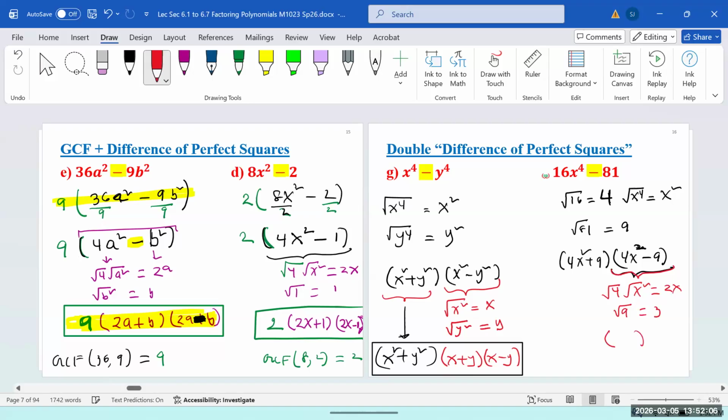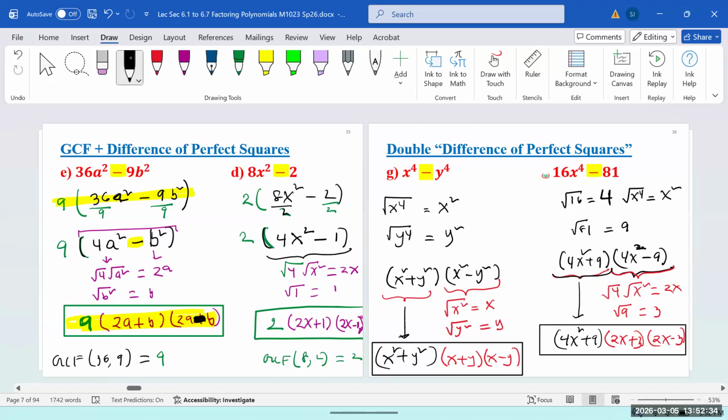So what two factors do we get from the second term? 2x plus 3, 2x minus 3. Perfect. You cannot forget about the sum. It's a third wheeler. We have to bring it: 4x squared plus 9. So at the end, we have 3 factors from the 4th degree.